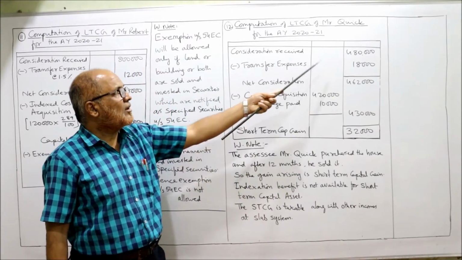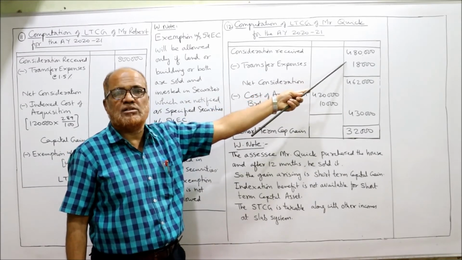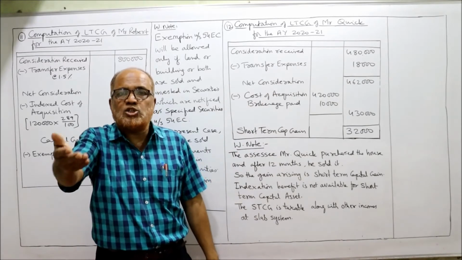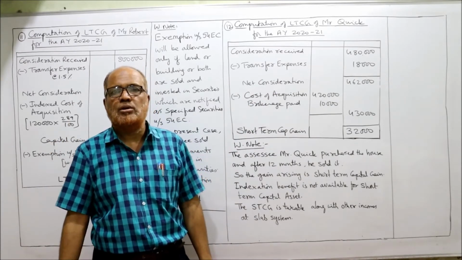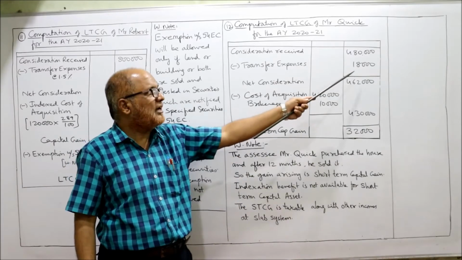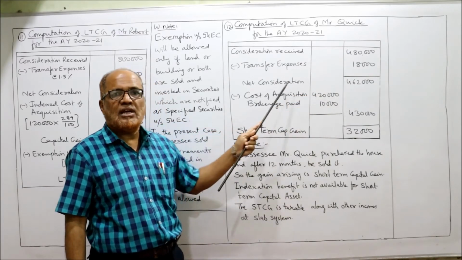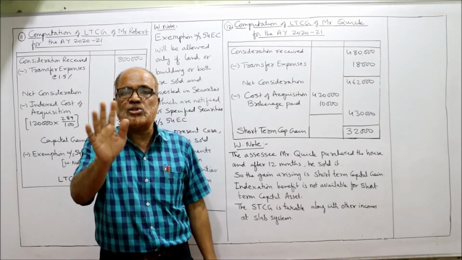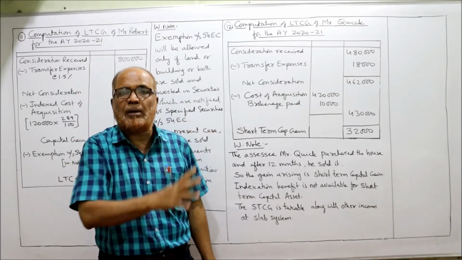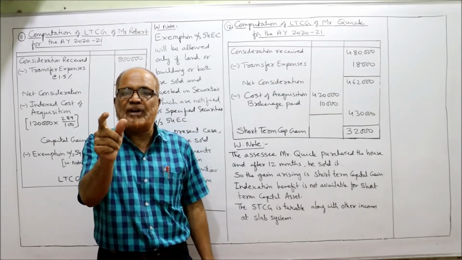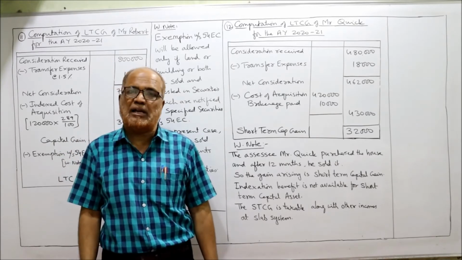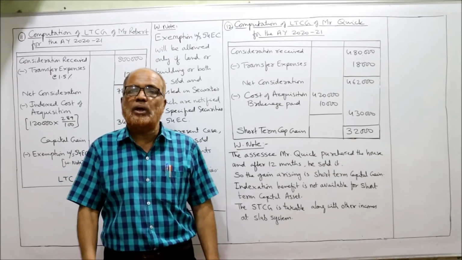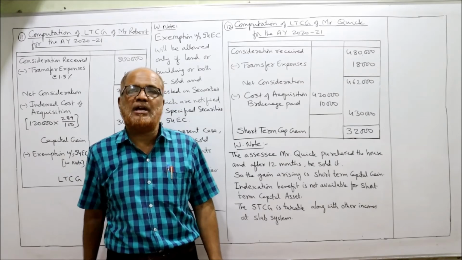So consideration received 4,80,000, sale proceeds, minus selling expenses, transfer expenses 18,000. Brokerage paid to sell the house should be deducted. So 4,62,000 net consideration. Cost of acquisition. Remember, indexed cost of acquisition is not available for short-term capital gain. Indexation benefit is available only for long-term capital gain, LTCG. For STCG, no indexation. So indexed cost of acquisition should not be calculated.